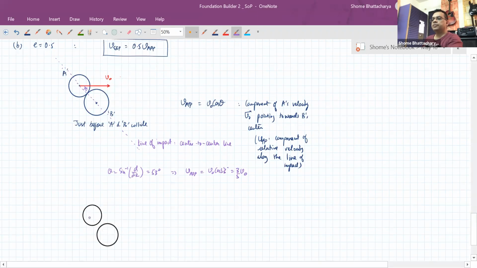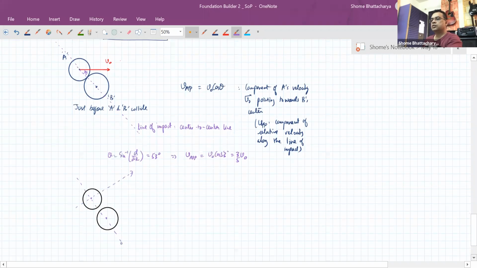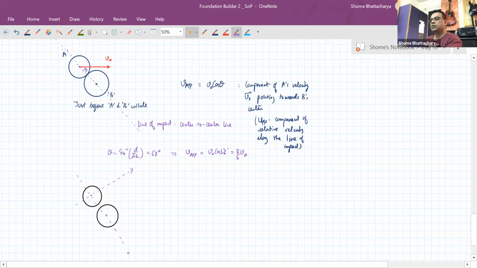So just after impact, if you look at the velocities, now we'll take the line of impact as our x-axis and perpendicular to that as our y-axis.